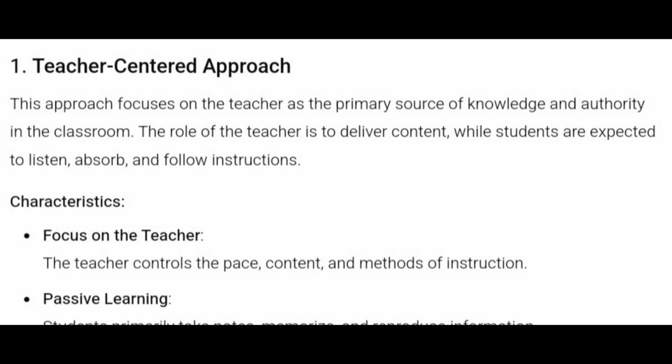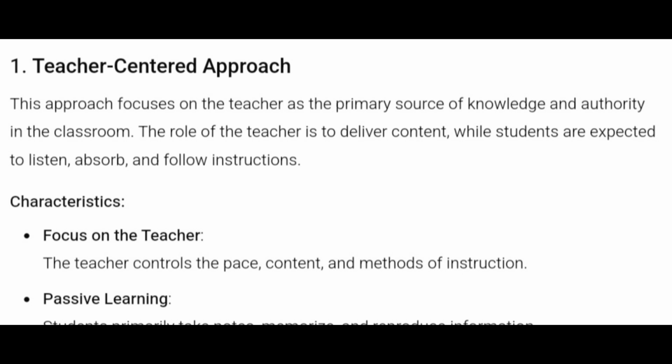So here the learners are expected to listen passively to whatever the teacher is teaching, broken teaching, irrelevant teaching. Even if the teacher himself doesn't understand what he's teaching, the students have to just sit quietly and listen to his lecture. Why? Because this is the process which we call teacher-centered learning.